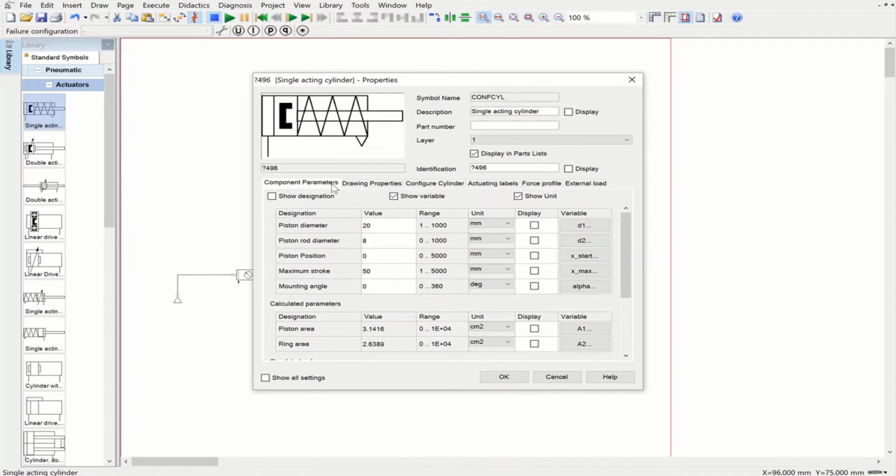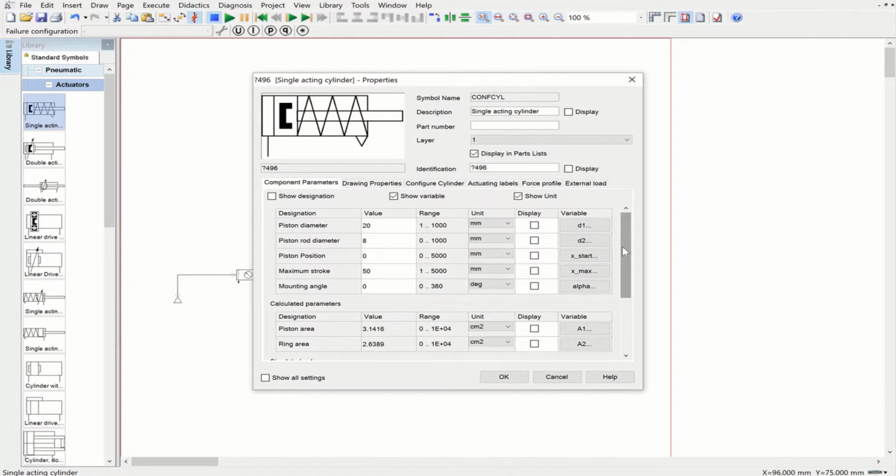And when we were calculating the force, the parameter needed was the diameter of the piston, and the piston rod diameter was also important for us. So what we have here is the information needed for calculating that force, and the software is using that information. We can adjust the parameters depending on the application that we are working on.